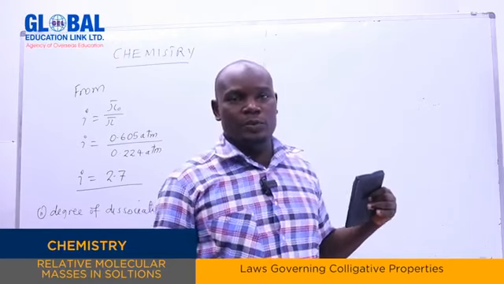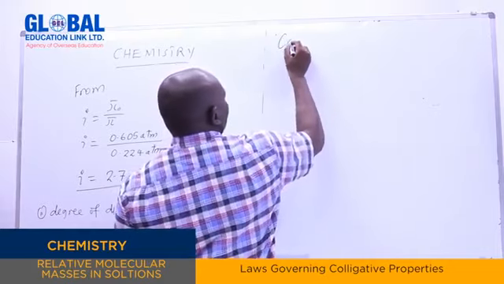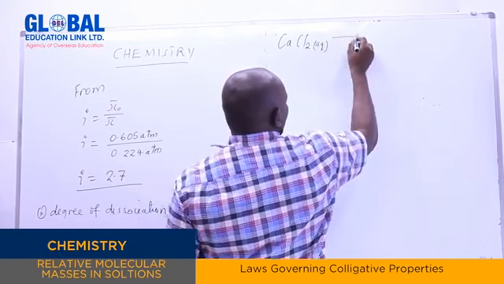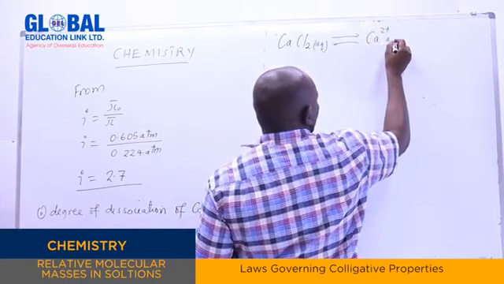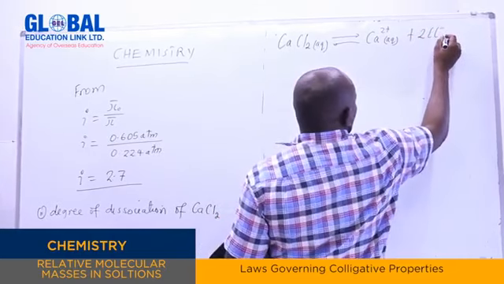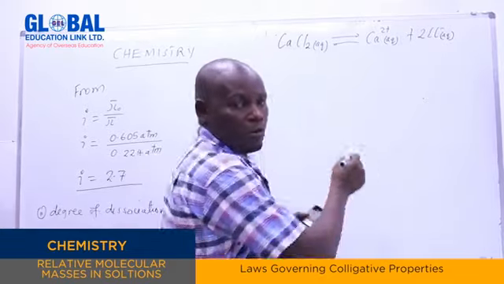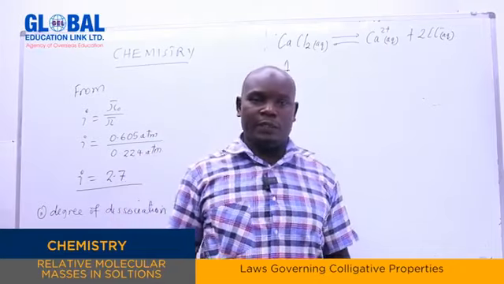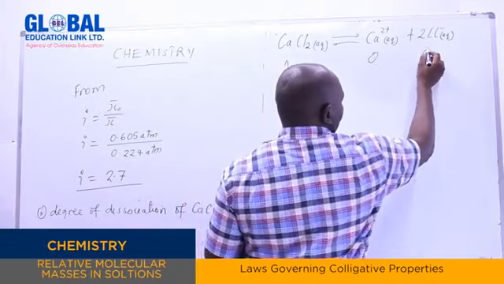So if we refer to the dissociation equation of calcium chloride, initially there was 1, or 100%, of calcium chloride present, which means that for calcium ions there was 0, and here there was 0.